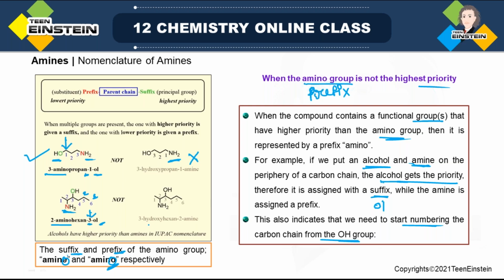Because in the second one we have considered the OH group as prefix, and when OH is a prefix, it is not ol, it is hydroxy. But this is not correct, because OH has higher priority compared to NH2. So that is why OH will be the suffix and NH2 will be the prefix.